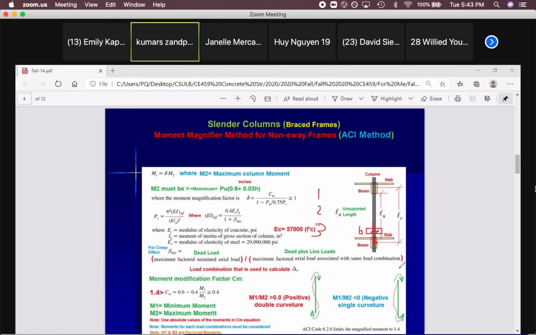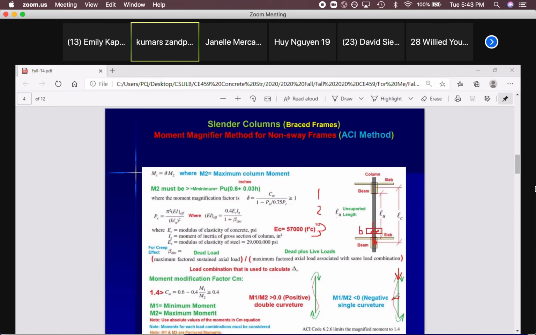Then if you have a point load on it, this load times this distance, that's delta, will give us additional moment, the P-delta effect. And because of that, we are going to calculate that magnifier factor. We want to magnify the moment because of the P-delta effect.